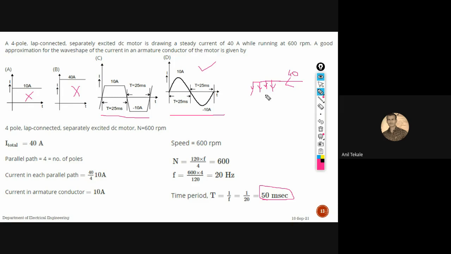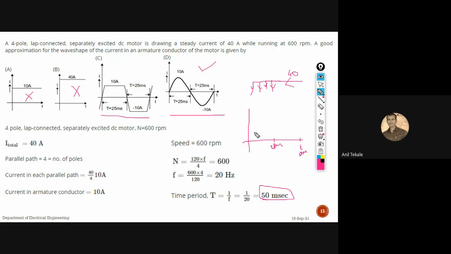Okay. So if suppose there are commutation actions, here we can say this is the diagram, right? I will draw it here. So first, as I told you, there is T, that means there is a total of 50 millisecond, right? In between there is 25 millisecond.